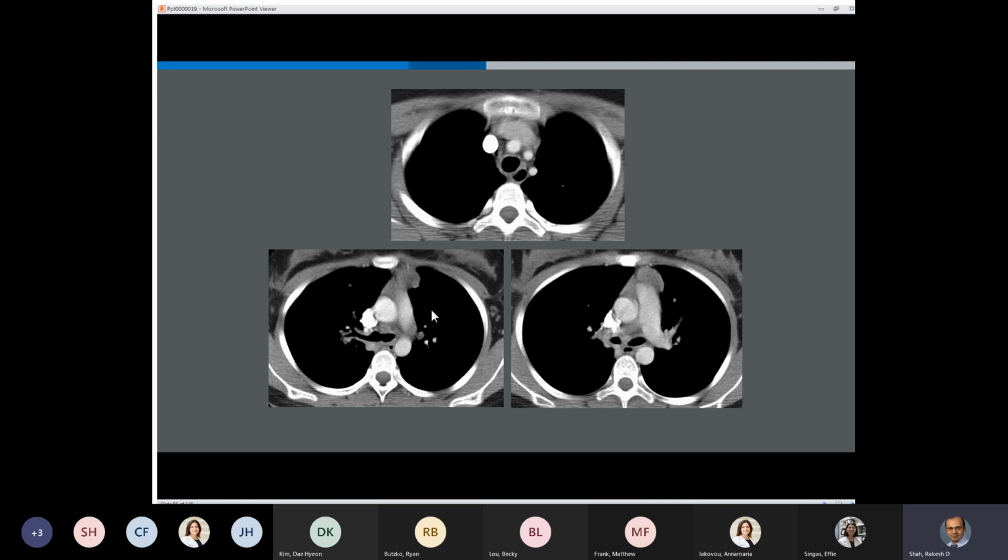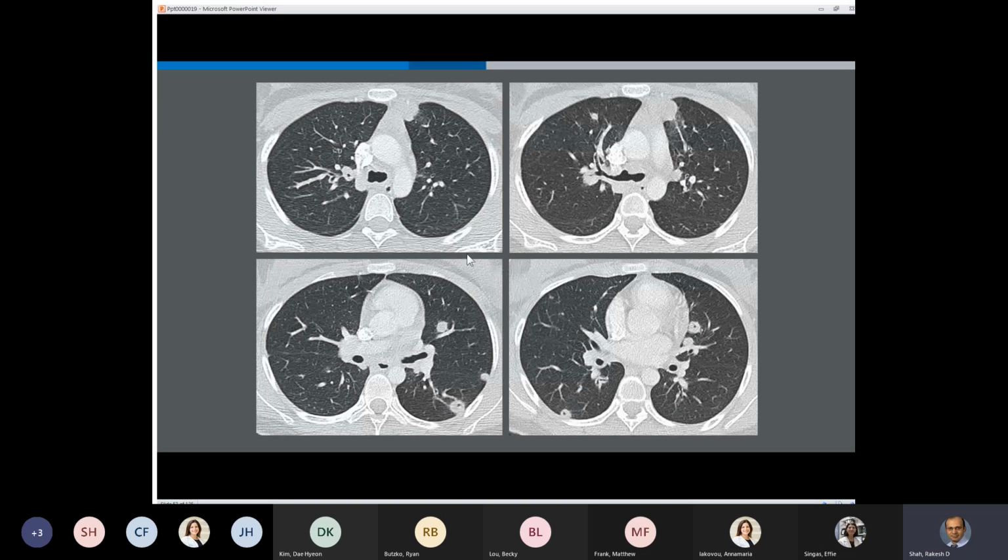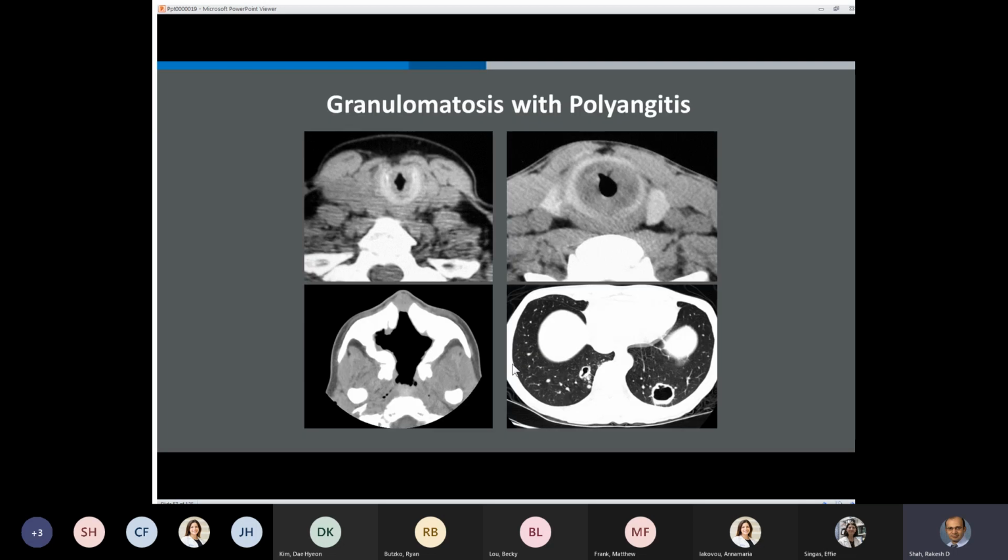But on the CT images, you can see that there is thickening of the trachea, which extends a little bit into the right main and the left main bronchi. On the lung windows, we can see that there are several nodules, some with cavitation. So this is an example when you put the two together, it is granulomatosis with polyangiitis.